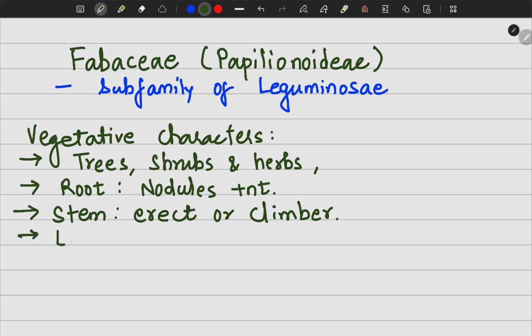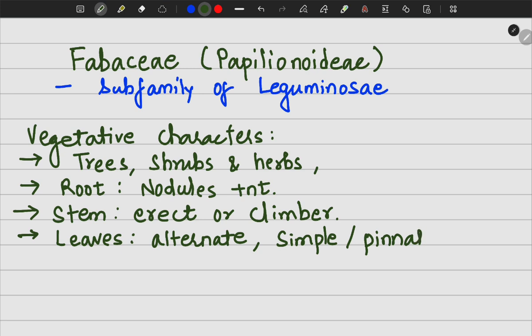If we talk about leaves, then the leaves show alternate phyllotaxy. They could be either simple or pinnately compound. Alright?